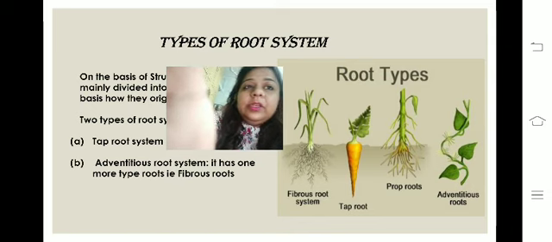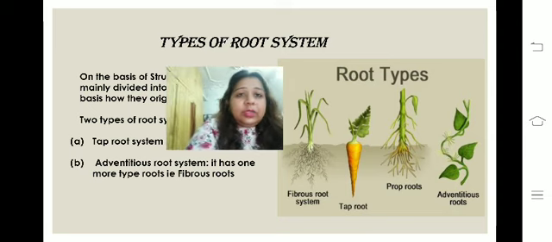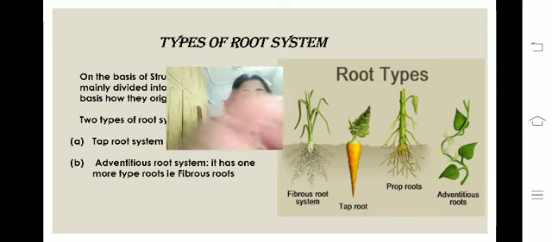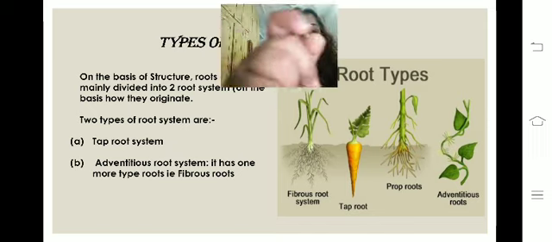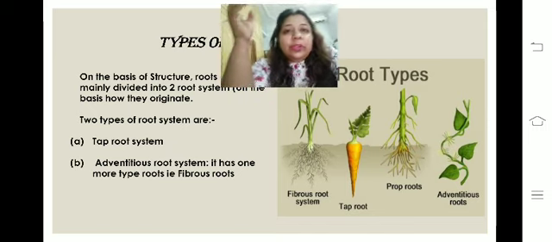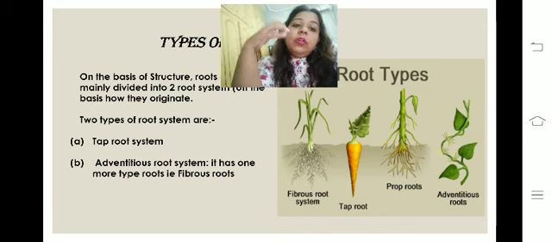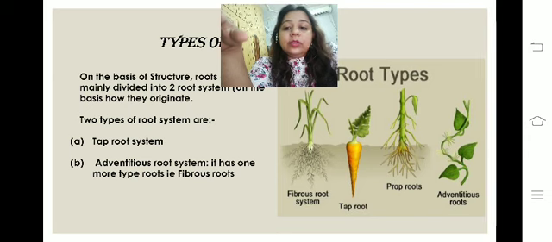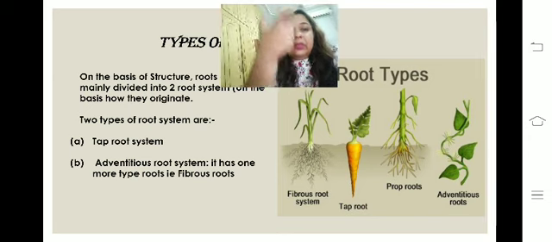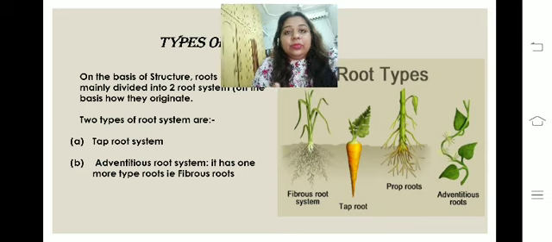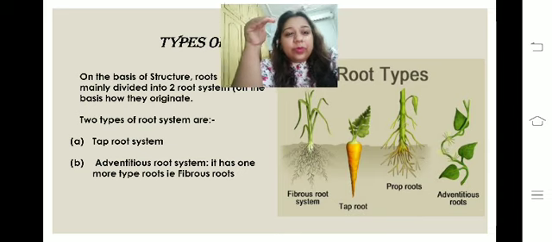Now what happens in the taproot system? In the majority of plants, there is one main root that elongates and penetrates deep into the soil. This is called the primary root.